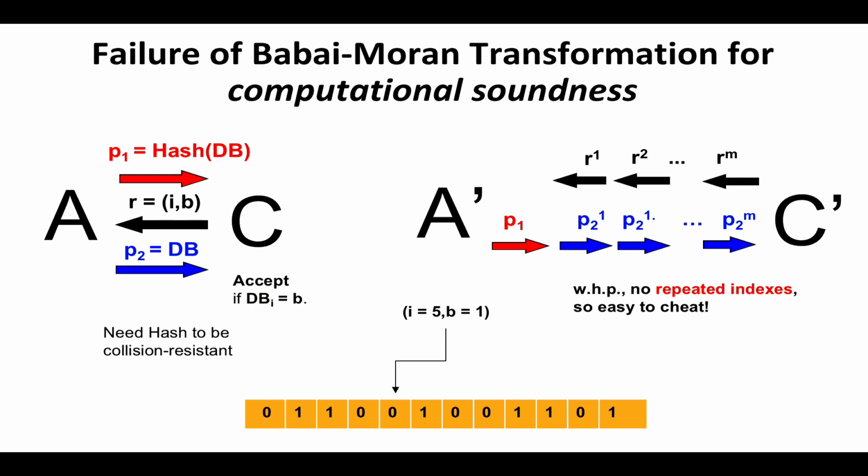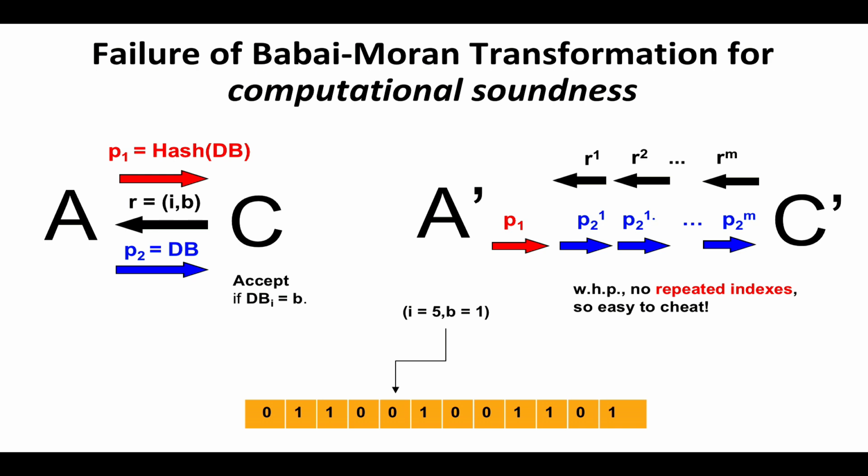Now, let's see what happens if I apply Babai-Moran to this. In that case, the challenger is going to ask me for lots of different indexes in advance. I need to hash one database and then give all the answering openings.